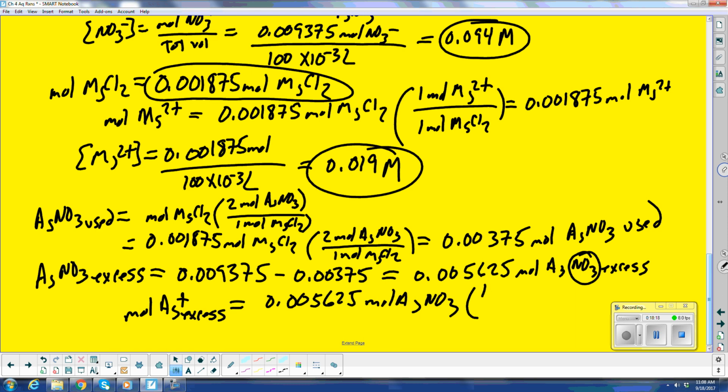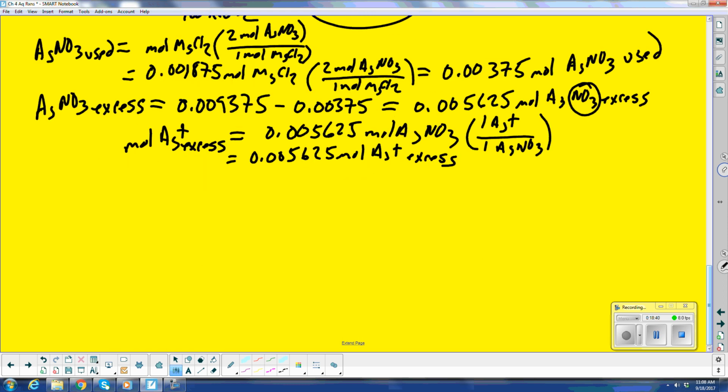I know this is elementary, but I like to do things so that you understand what's going through my mind, at least when it comes to chemistry. And so I'd get 0.005625 moles of Ag+ excess.